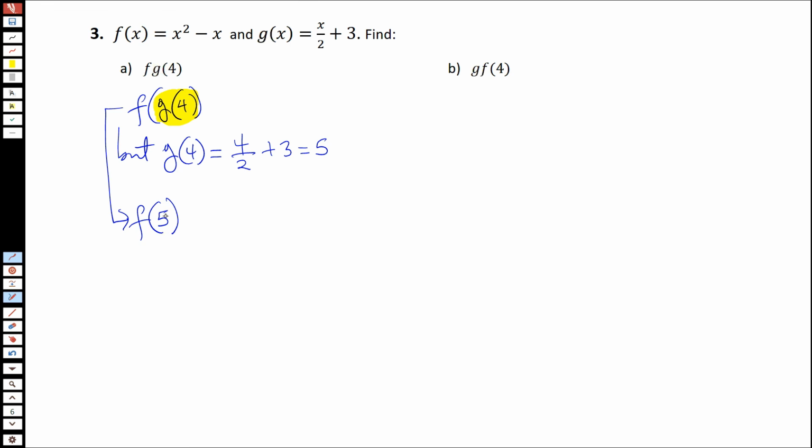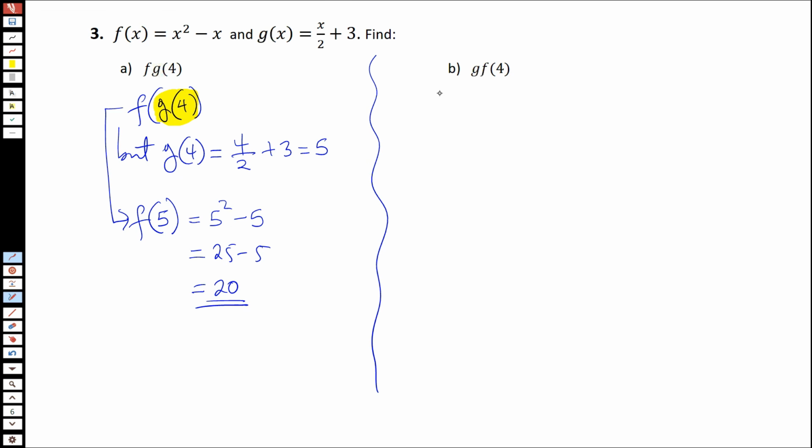So anyway, if you work this out, remember this is a simplified version of that. So this will be equal to 5 squared minus 5, because this is f, you're plugging 5 in place of x. And this will be equal to 25 minus 5, which will be equal to 20.